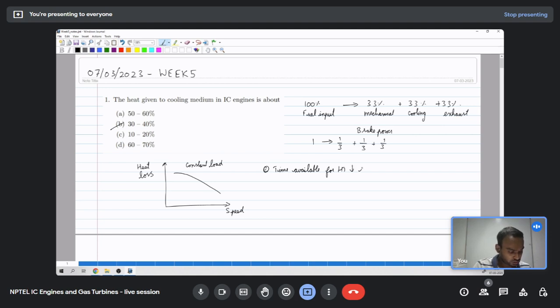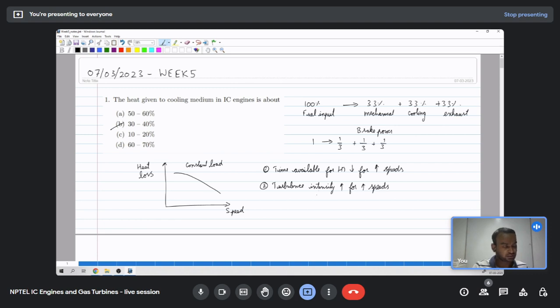The second one is that the turbulence intensity is high for high speeds.